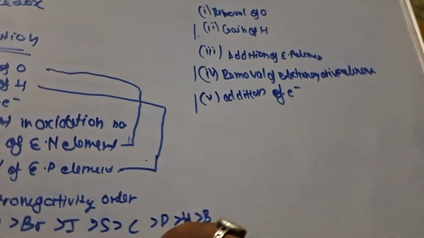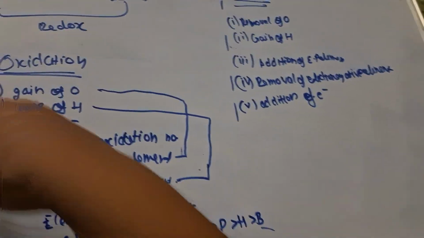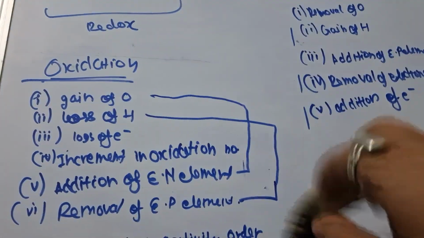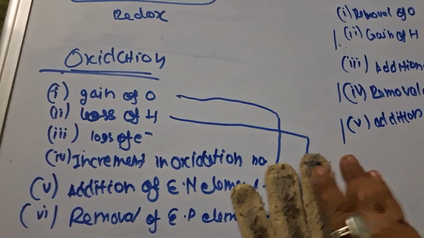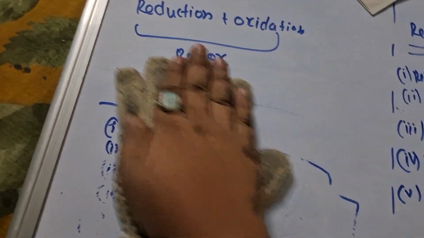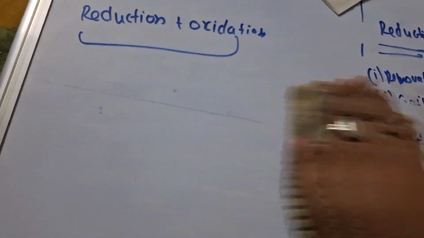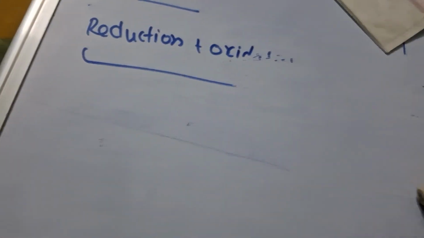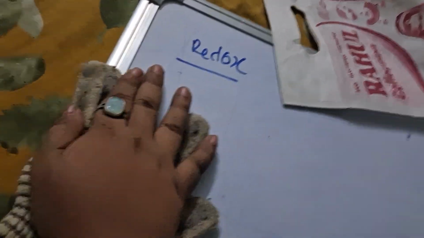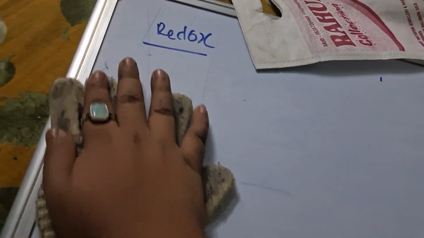So I'll teach you anyways, but I'll not go very deep into it. I just needed to remind you what oxidation and reduction was. The one getting reduced is the oxidizing agent, and the one getting oxidized is the reducing agent.